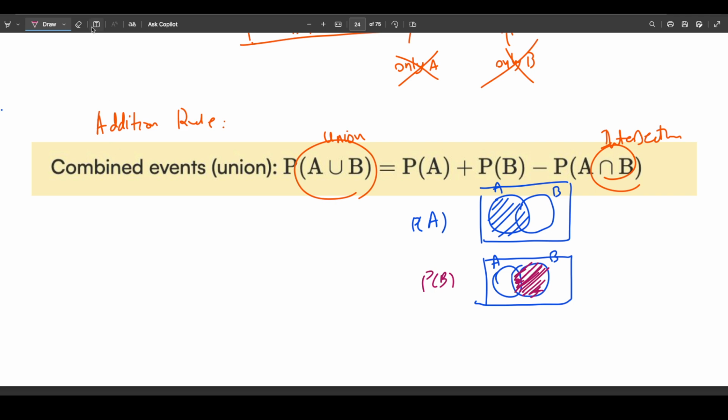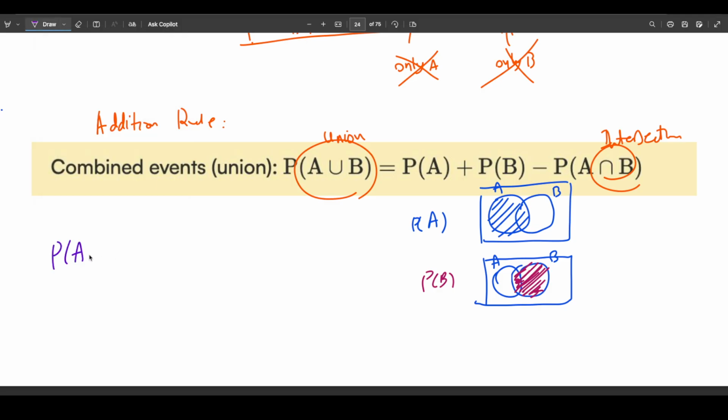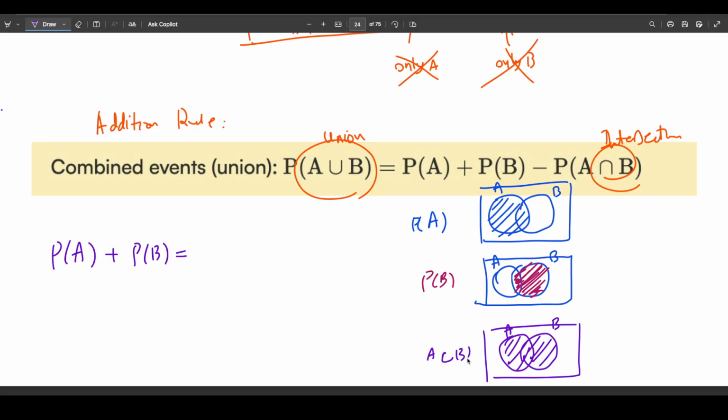Okay. Now, if I ask you, can you tell me what is A plus B? Can you show probability of A plus probability of B? You're going to tell me this is A, this is B, so probability of A plus probability of B. Do you agree with me if I add up these two cases?